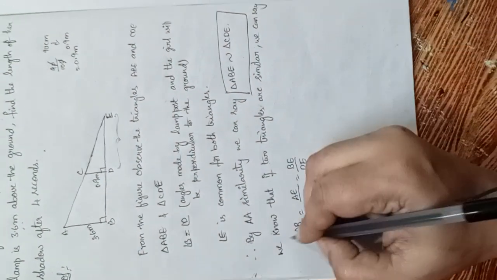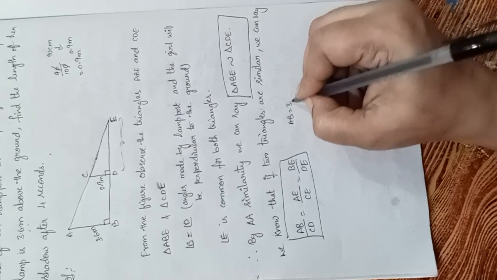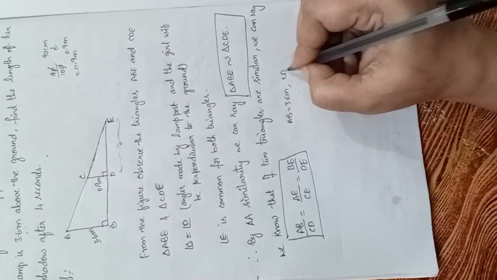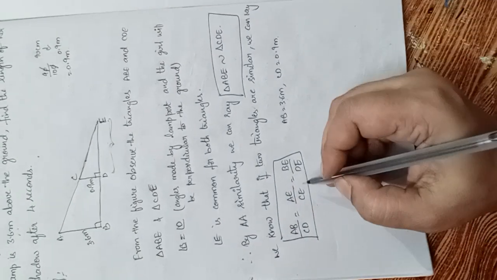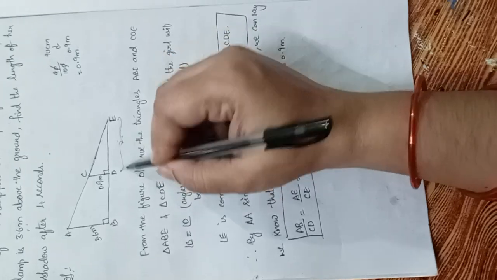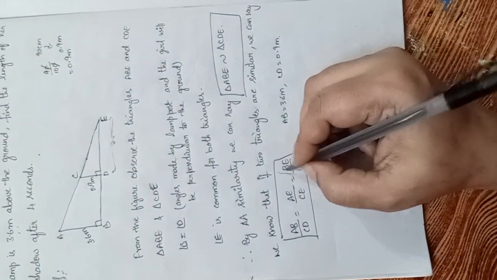So here we have values for AB, which is 3.6 meters, and CD, which is 0.9 meters. Here what we have to find is DE.